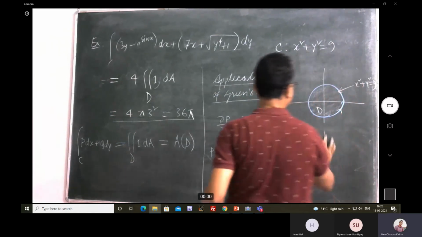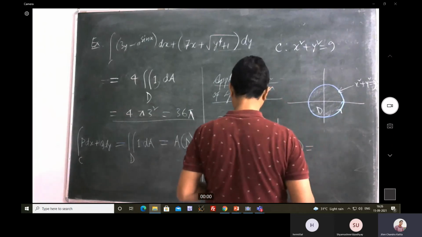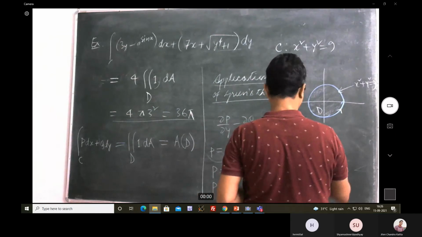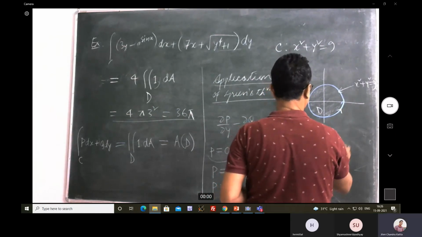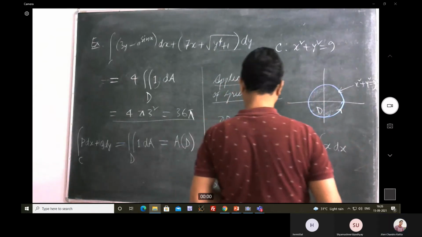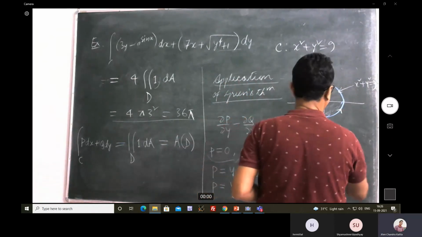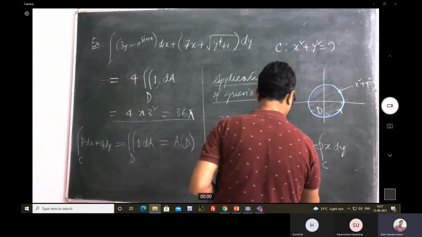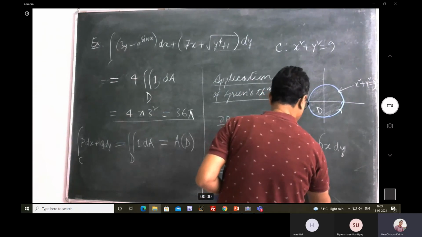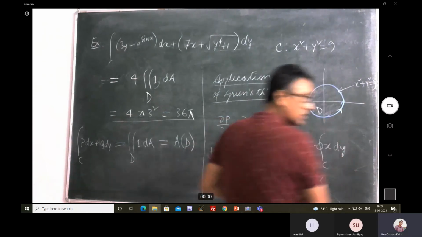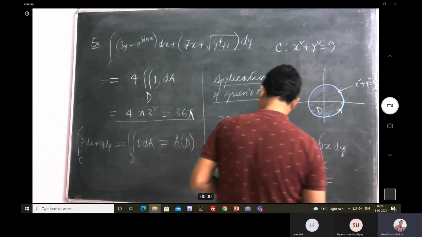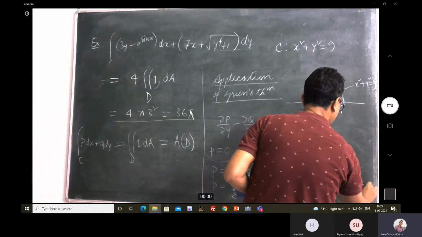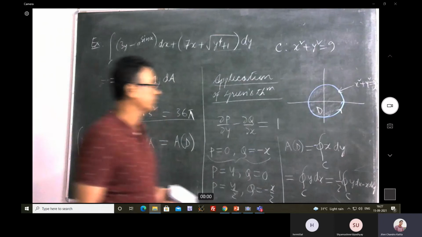This, if I want to express it in terms of a line integral, becomes, say, the integral of x dy, sorry, or you may write it as the integral of y dx, or you may write it in terms of half the integral over C of y dx minus x dy. Isn't it?